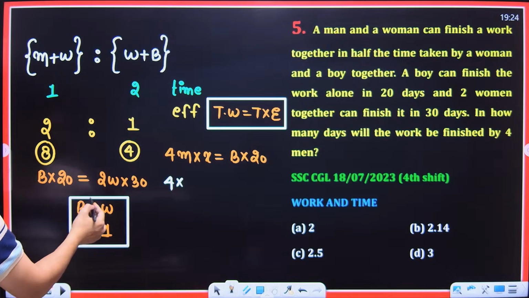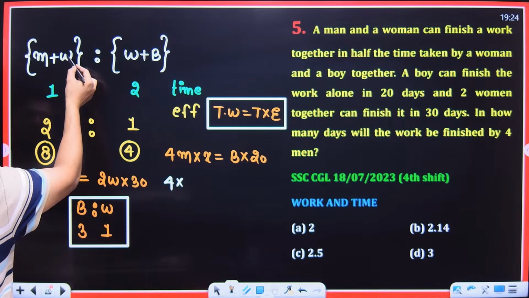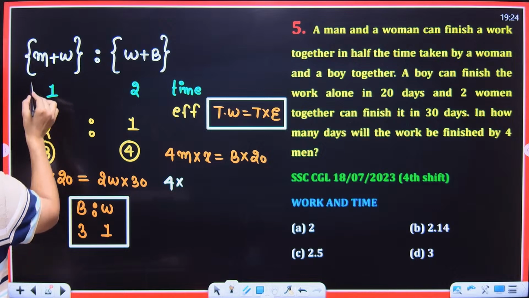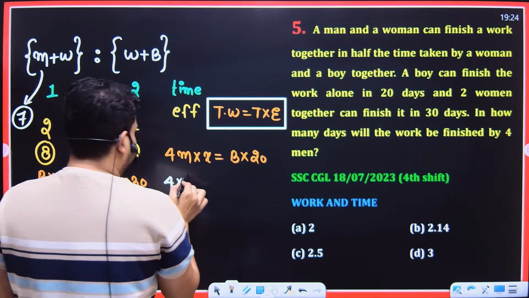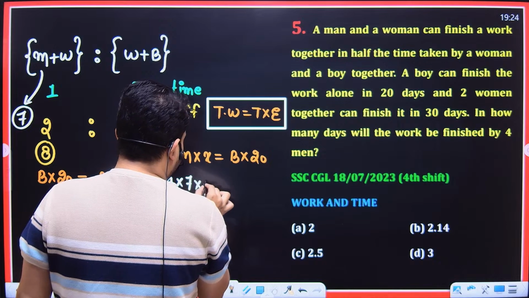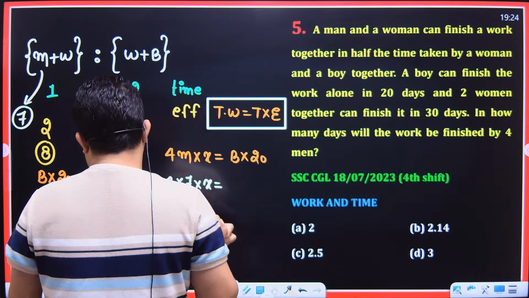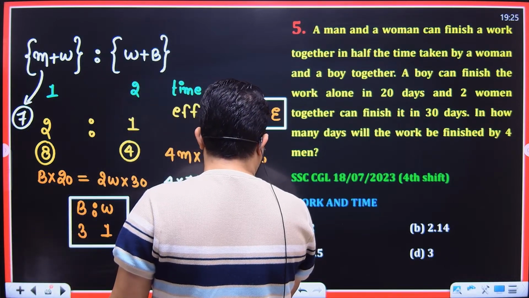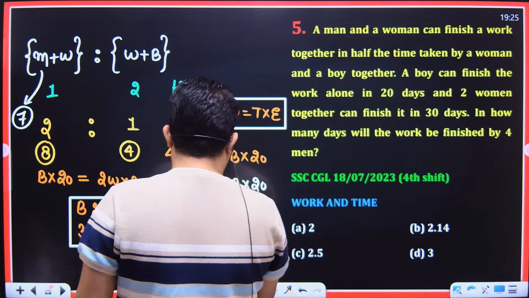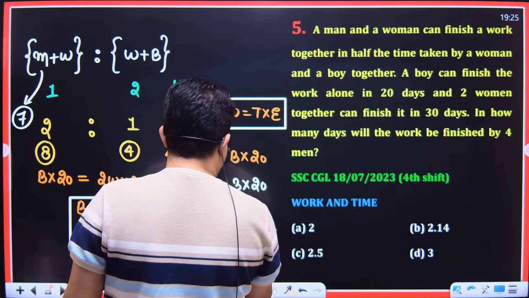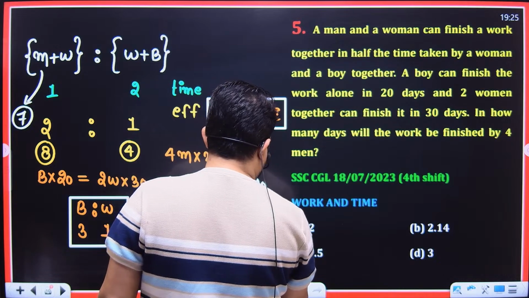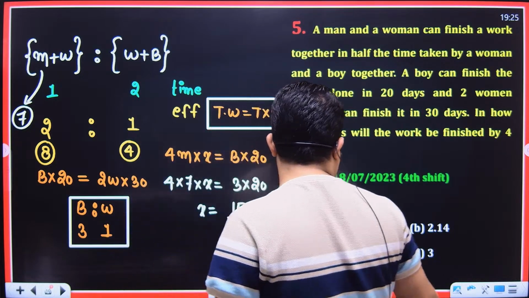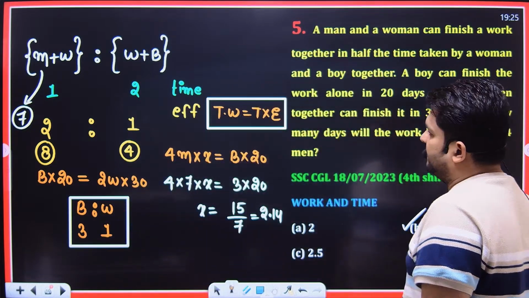The efficiency of a woman is 1 and man plus woman is 8, so the efficiency of the man would be 7. So 4 into 7 into x is equal to the efficiency of a boy, 3, into 20. So the value of x is equal to 15 upon 7, that is 2.14 days, which is my correct answer. That is option number B. Next.